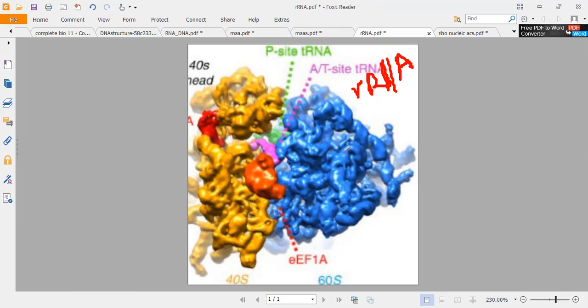Every time we need to make protein, ribosomal RNA must be present in the cytoplasm for protein synthesis.